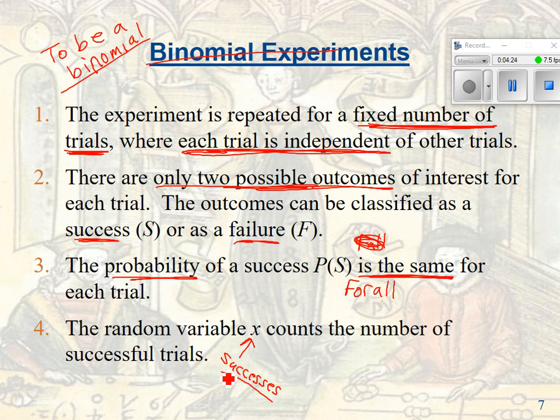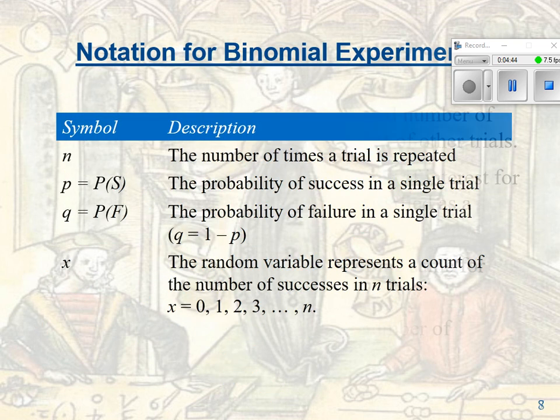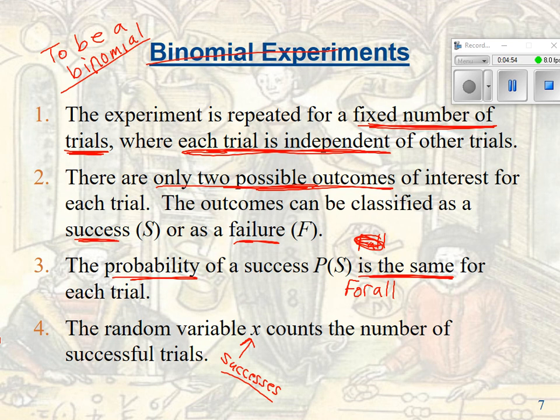Certain number of trials, you might have 10 trials, 100 trials, whatever it is. Each trial's got to be independent. Number two, there's only successes and failures, nothing else. Number three, probability of each trial is always the same.